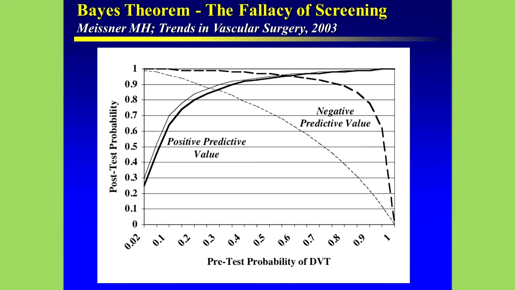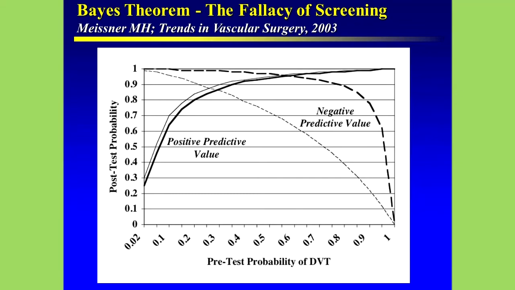If we're looking at patients walking in with calf pain just off the street, the incidence of DVT in the properly selected population will be about 25% or so, and you can see both the positive and negative predictive value are reasonable in patients with a pretest probability of disease of about 25%.